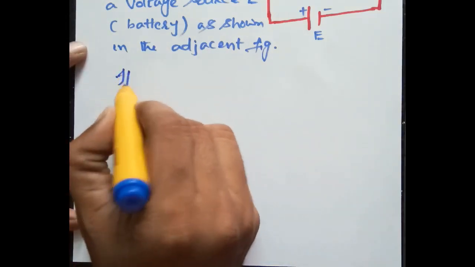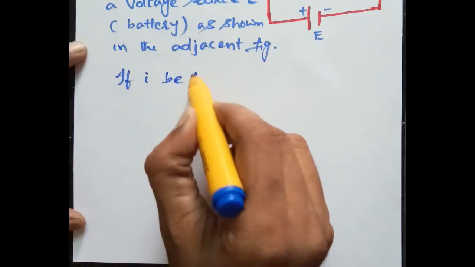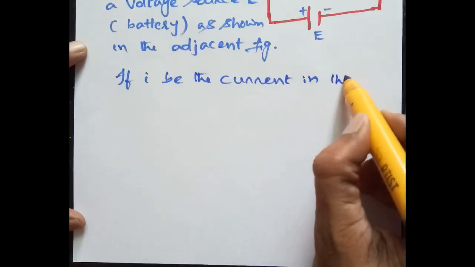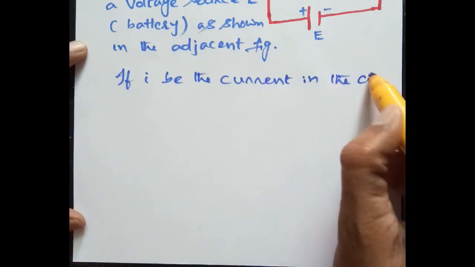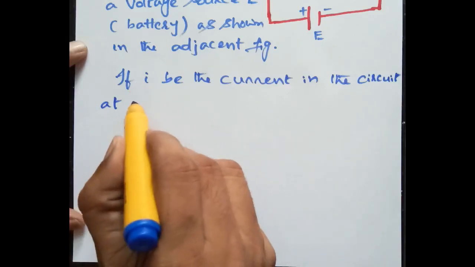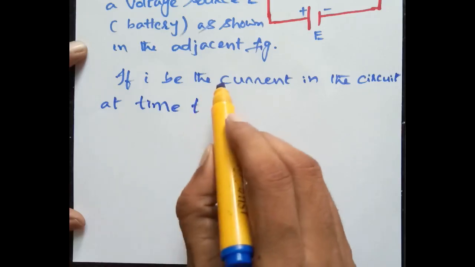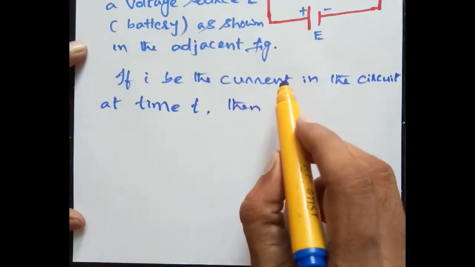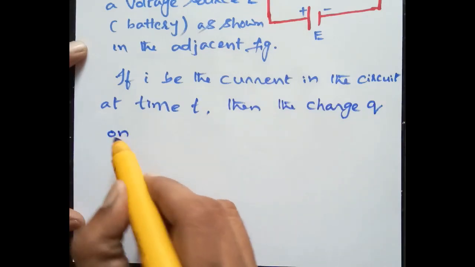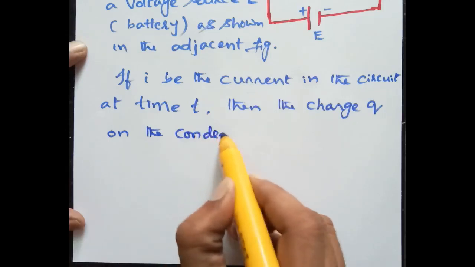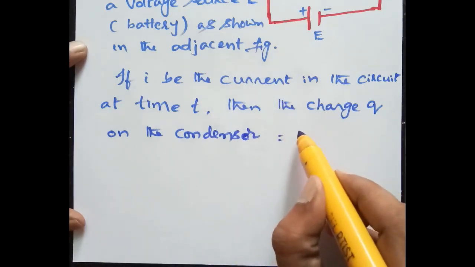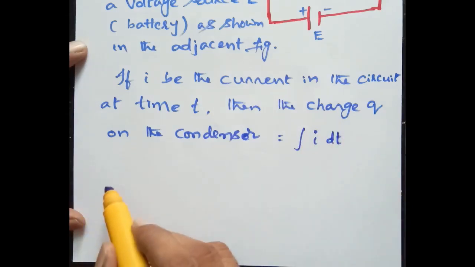If I be the current in the circuit at any time t, then the charge q on the condenser is equal to integral I dt.